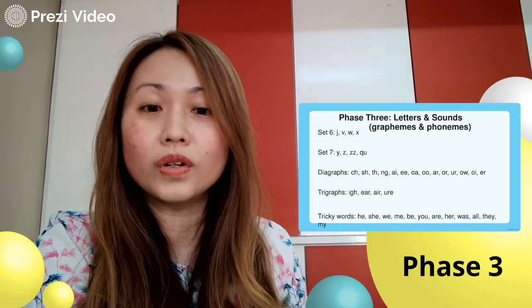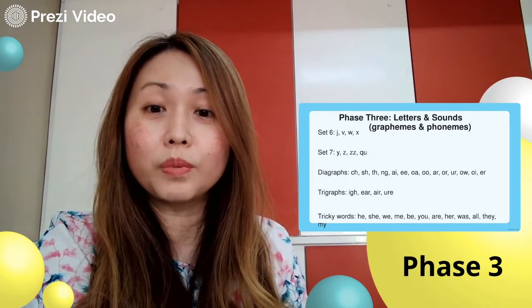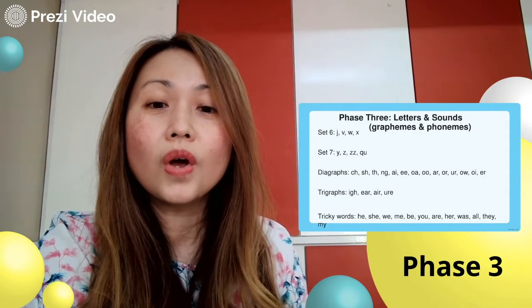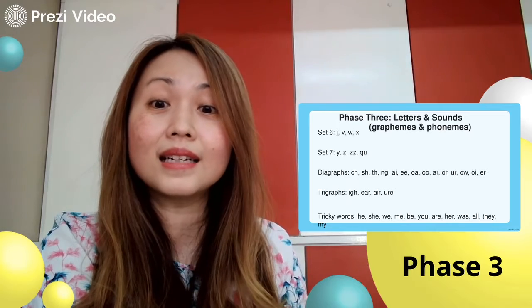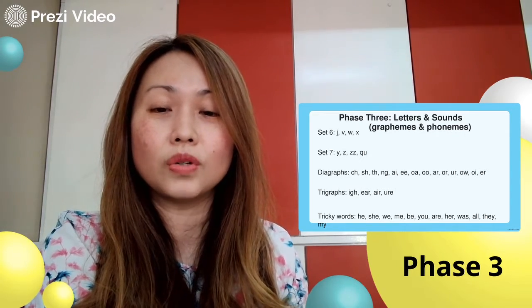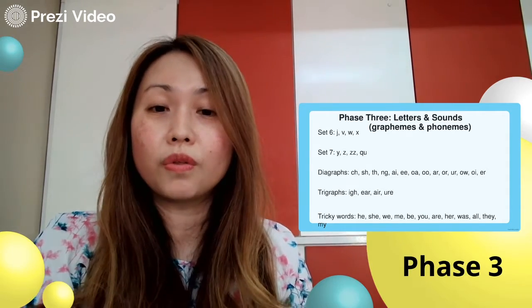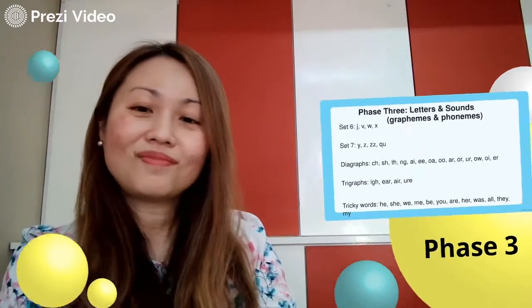And we'll move on to trigraphs as well, the beginning of trigraphs. And we would like you to continue introducing tricky words, words that cannot be phonetically read. This is a great time to introduce these words throughout phase 3. So if you're ready, let's get started.